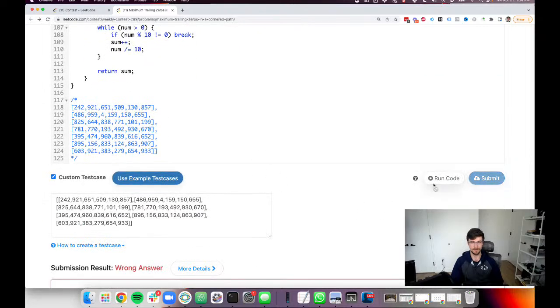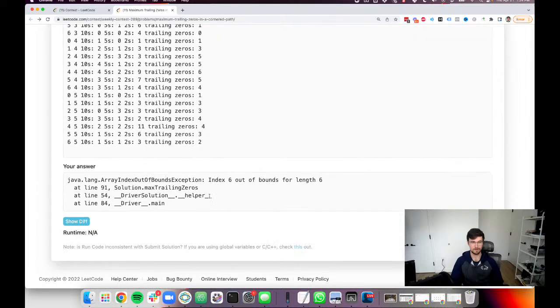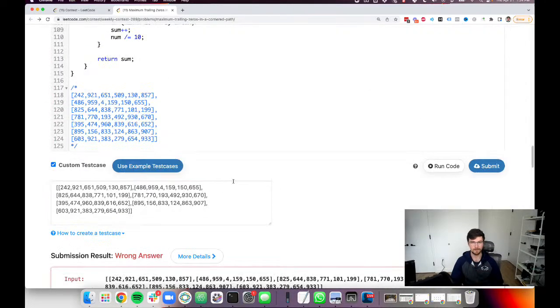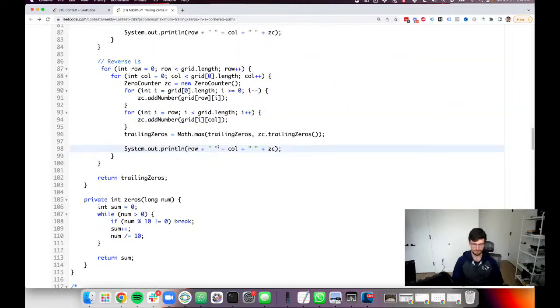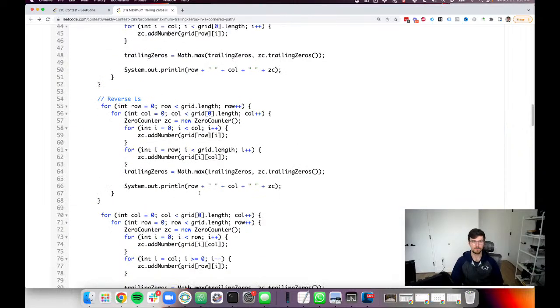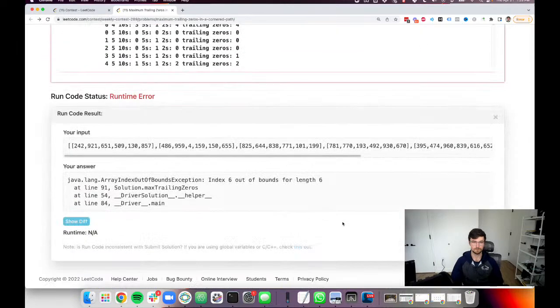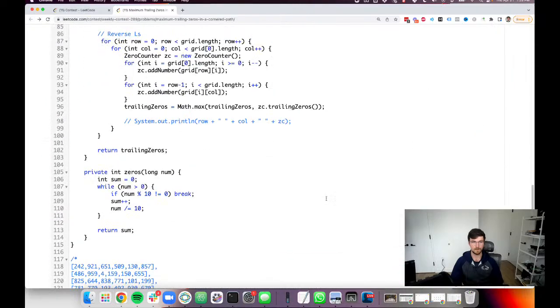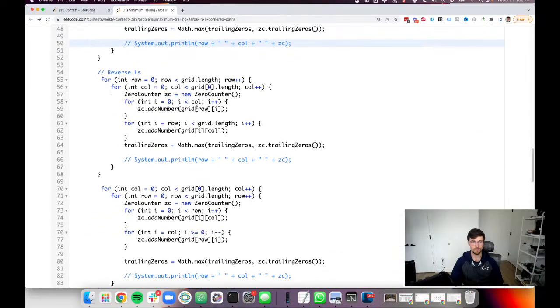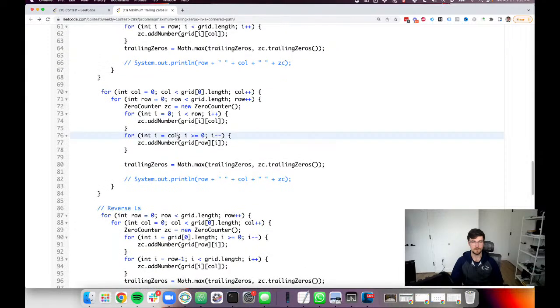And I think if we do that, it's our runtime error. Oh. And I'll comment these out for the moment, but this is going to need to be row minus 1. And which else is an issue? It's call minus 1.